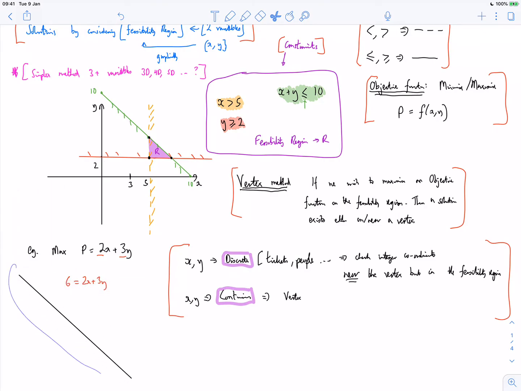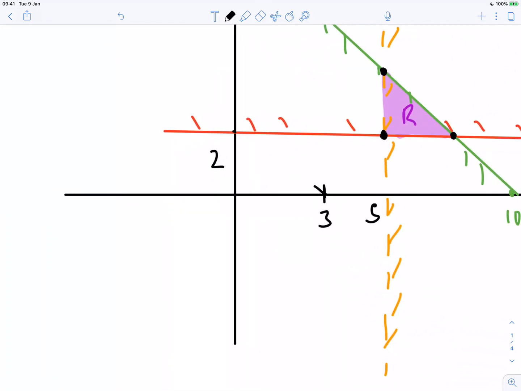I'm trying to get this objective line so the gradient's roughly right, but it's just not having it for some reason. Mate, it's probably better if I just draw it. Apologies for this. Maybe I'm not very good with this software.